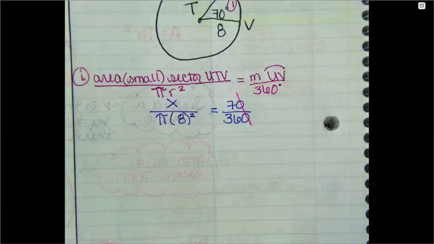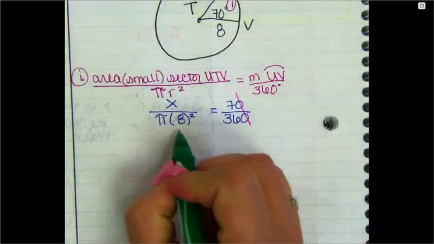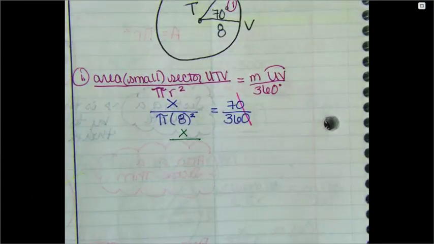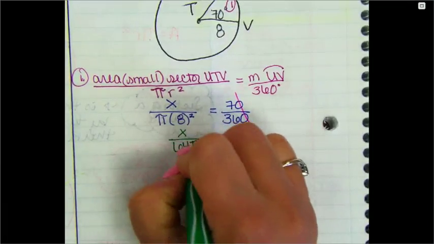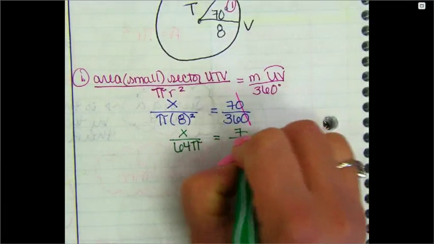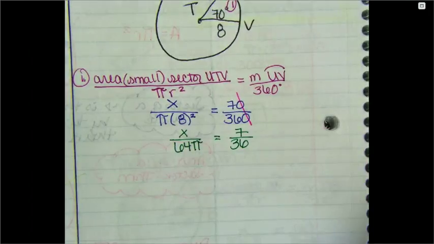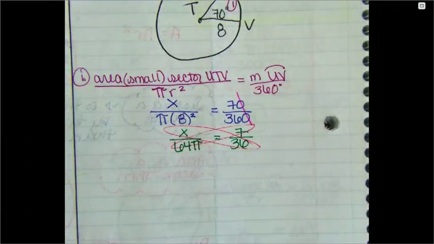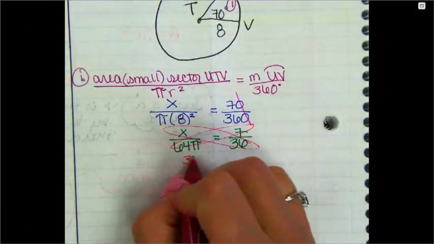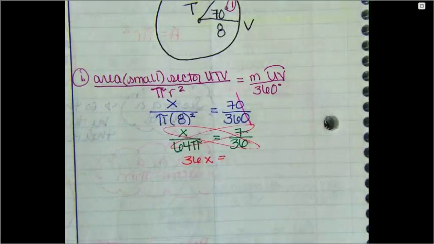Okay. What's next? x over 64 pi equals 7 over 36. Now what? Cross multiply. I'll do the easy part. 36x equals.